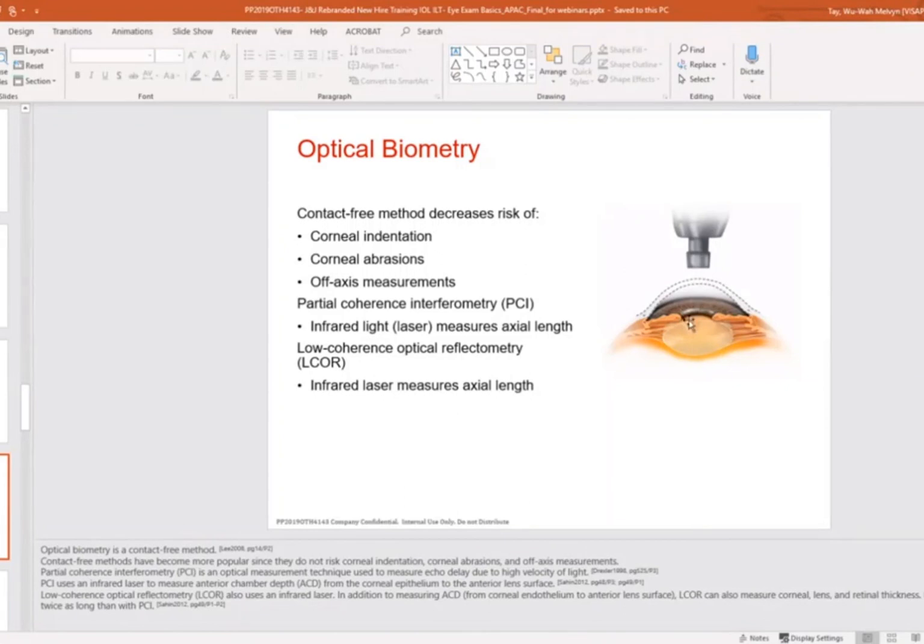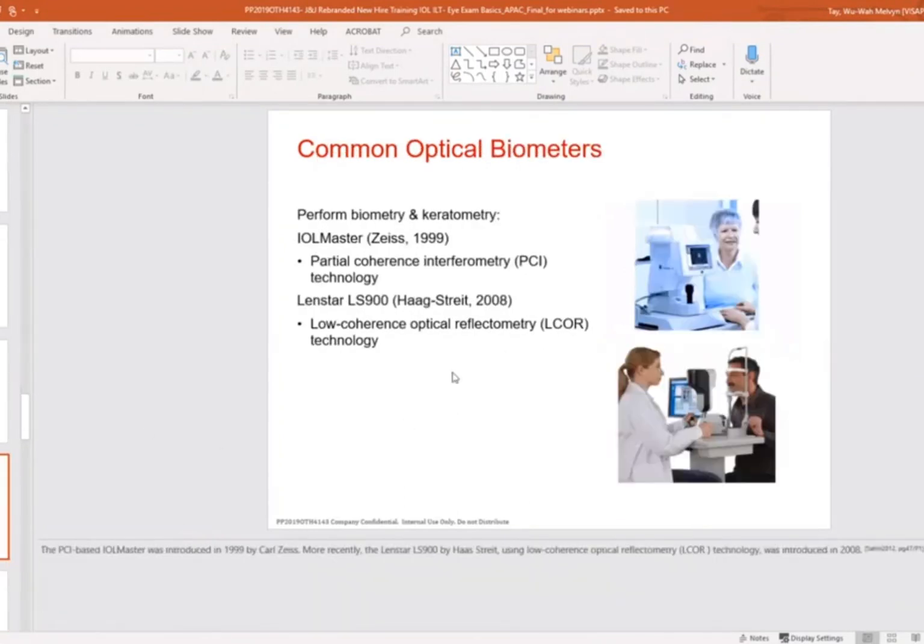When the patient is fixating into the instrument, for example the IOL master, that gives you the actual measurement to the macula, because by fixating on the object in the instrument, we are taking the measurement of the visual axis.